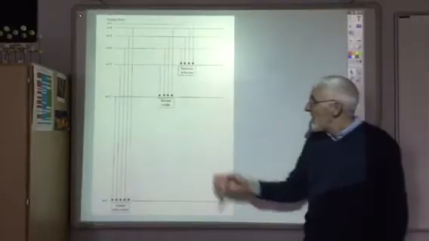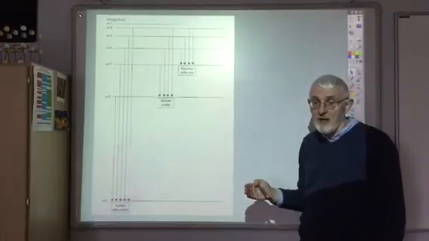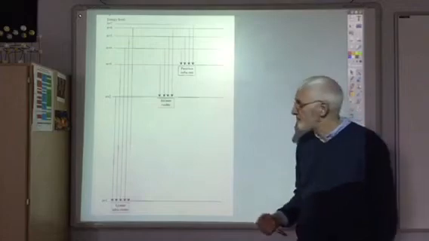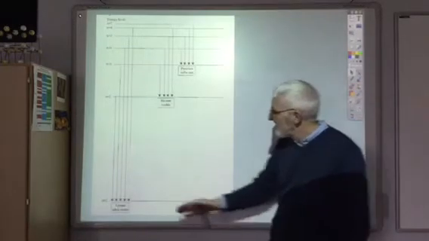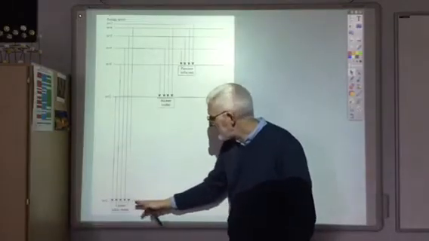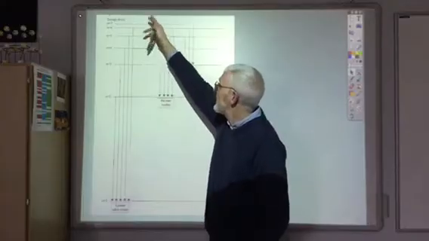Here's a picture of all the different wavelengths of electromagnetic radiation that have been given off for the simple hydrogen atom. And they're split up into different series. So this is the first energy level, second, third, fourth, fifth, sixth, seventh.